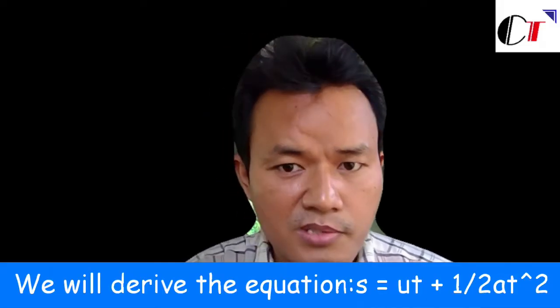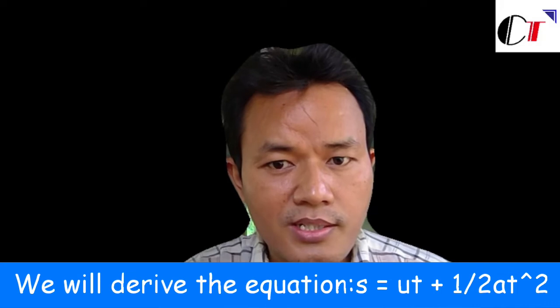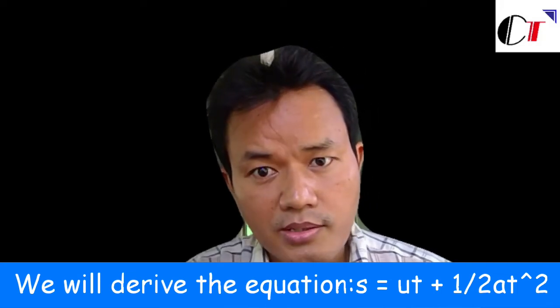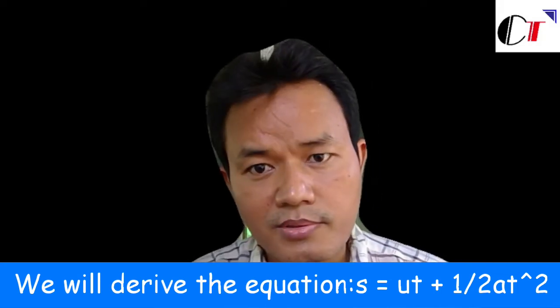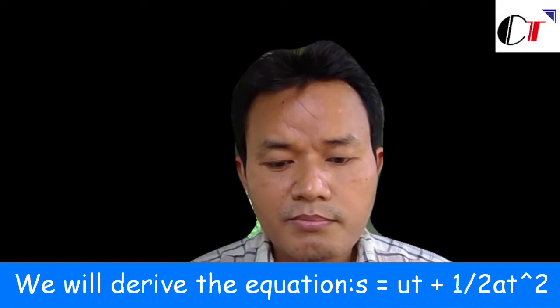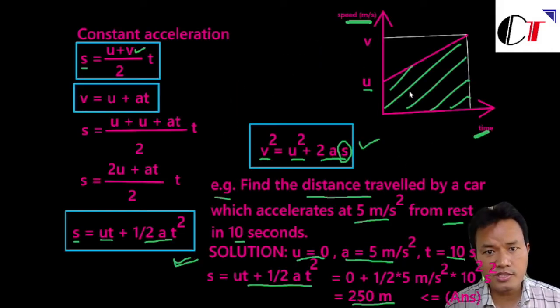Today we will derive the equation for the distance traveled just using the initial velocity, constant acceleration, and the time. So without any further ado, let's look at the equation straight away.